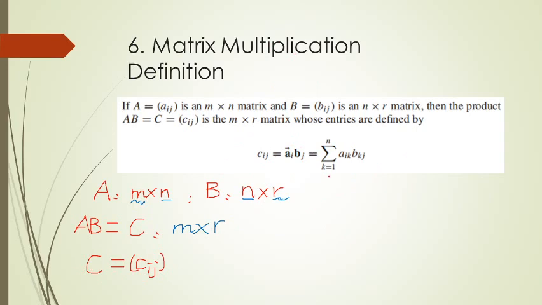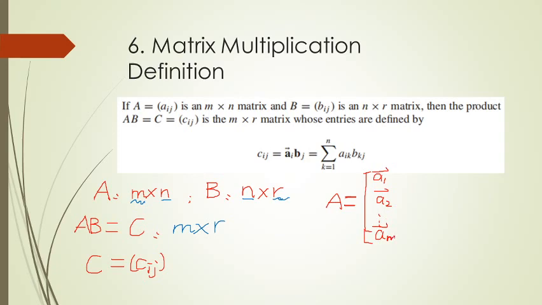So let me write the matrix A and B first. Matrix A, we will use one specific example. So matrix A can be written as a column of row vectors A1, A2, until AM, right?